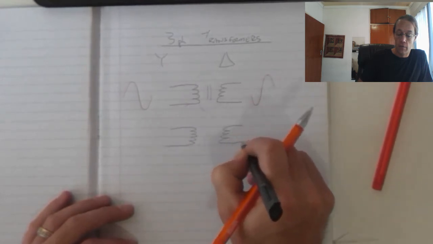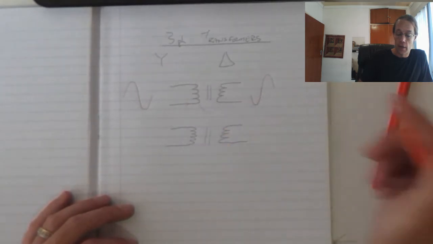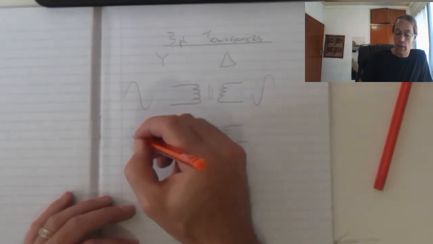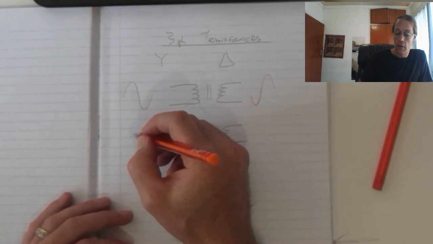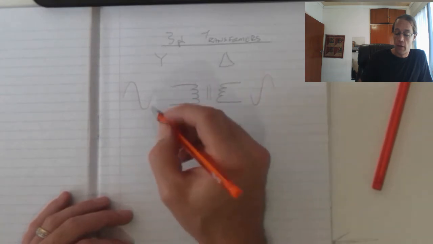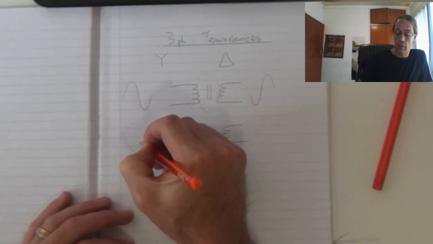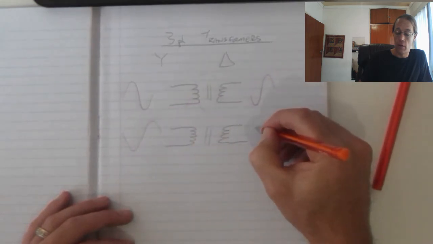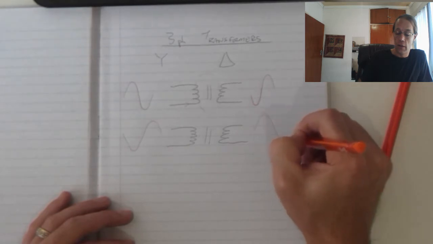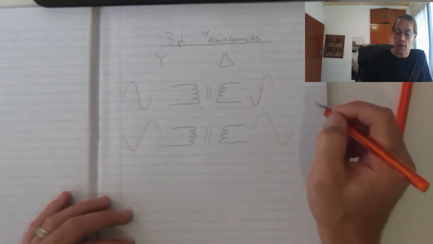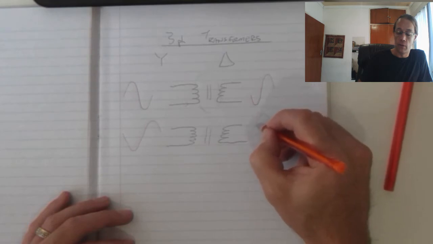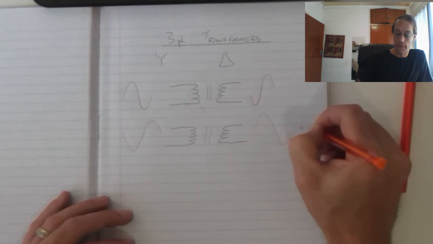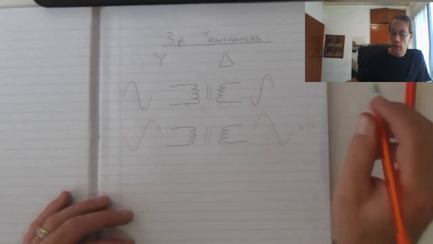Because my second phase is at 120 degree phase shift to my first phase, I will have a signal that looks like that, and as my output I will have a signal that looks like, also my sine wave, but with plus 120 degrees.